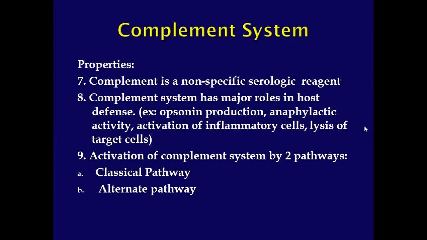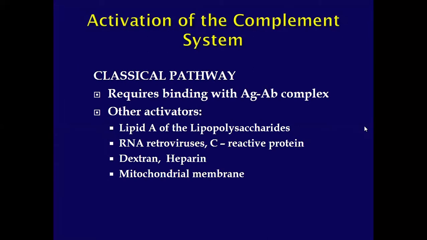Actually, the two only differ in how the activation starts. In the classical pathway, of course, for the complement system to be activated, the primary requirement is antigen-antibody complex formation. Once antigen-antibody complexes are formed, it is now ready to activate the complement system.